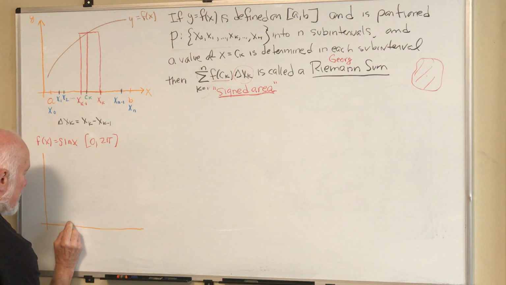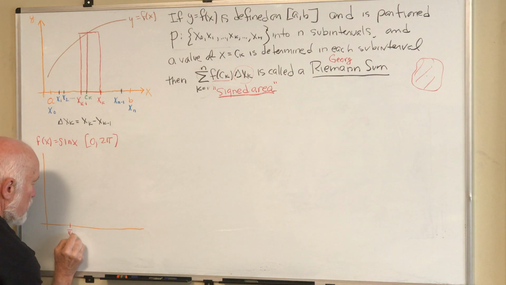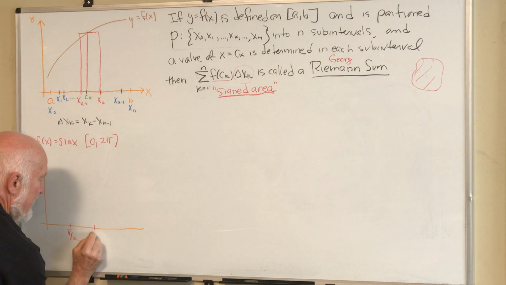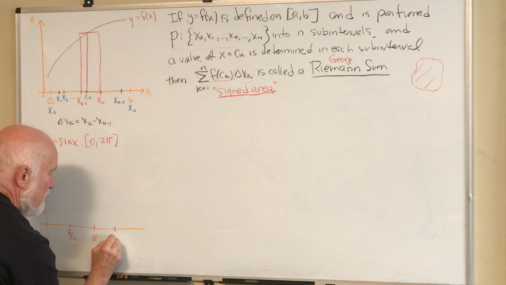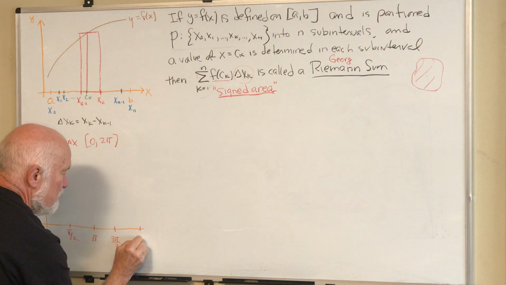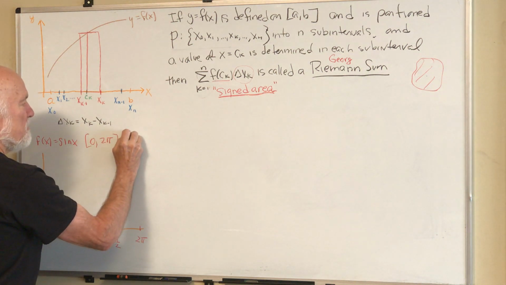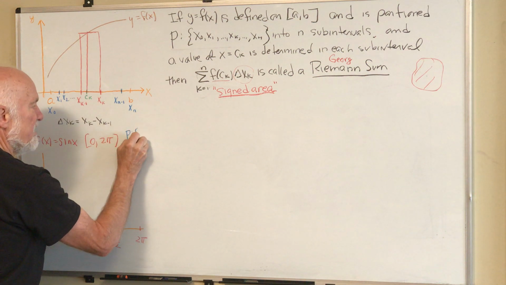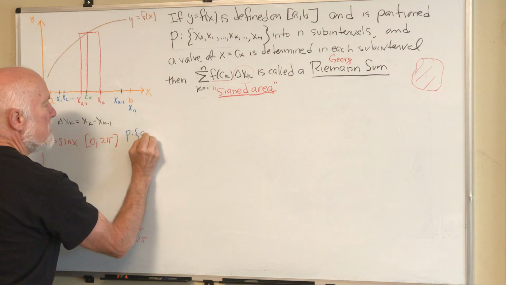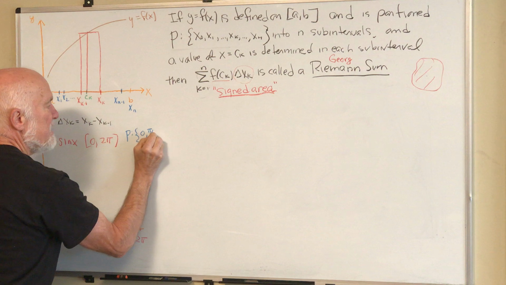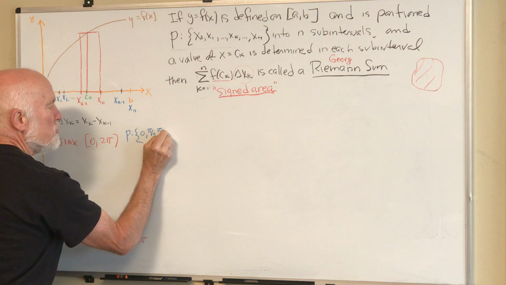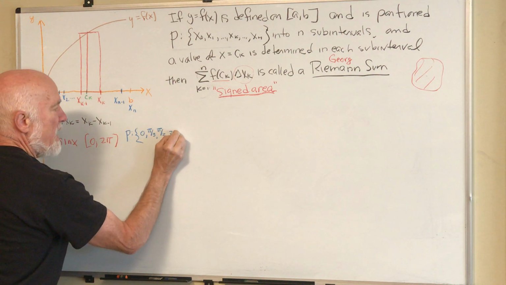So if we went pi over 2, pi, 3 pi over 2, and 2 pi, say we decide to make our partition, because a Riemann sum depends on how we partition it. Say we go from 0 to pi over 3 to pi over 2 to 2 pi.